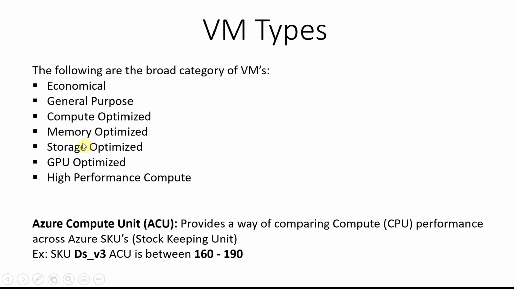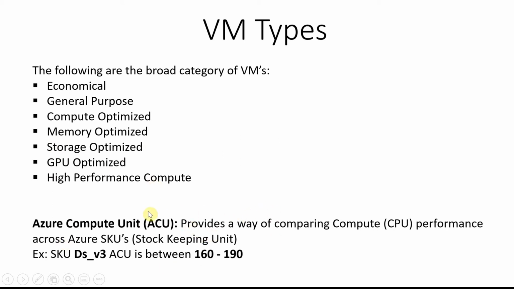Memory optimized is an option if you want to set up a database kind of requirement where memory is important. Then storage optimized, GPU optimized for very high workloads. Then high performance compute, which is a recent addition in this category now. The HPC is also an option. So based on your requirement, you might have to select a VM.